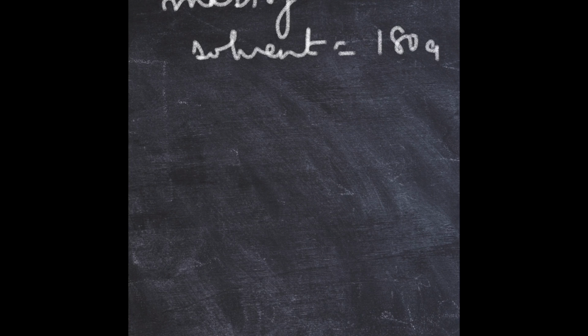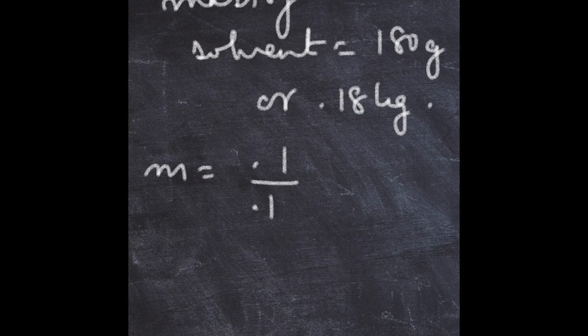Mass of solvent is equal to 180 grams or 0.18 kilograms, right? So our molality becomes 0.1 upon 0.18. So this is equal to 0.56. So 0.56 is the molality.